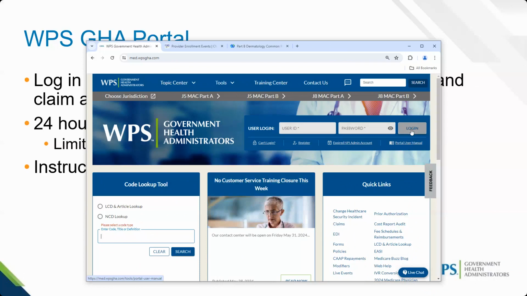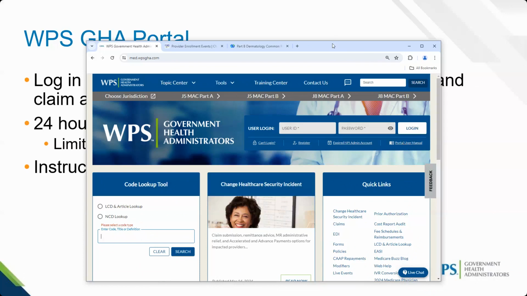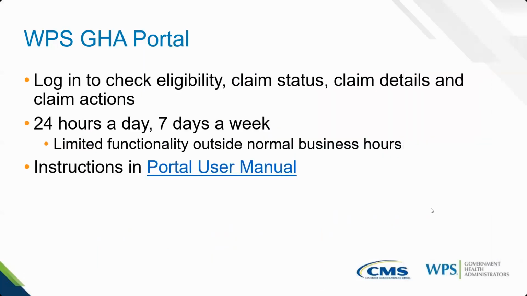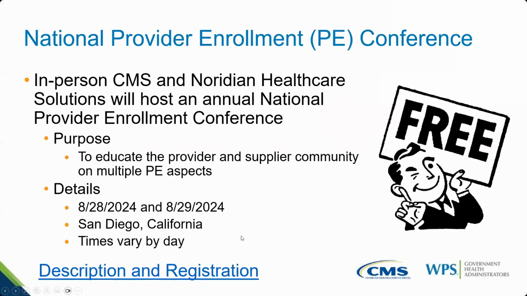Right here under this box that says login is a link to the portal user manual. This is where you will find illustrations and step-by-step instructions for using all of the functionalities of the transactional portal, such as that clerical error reopening process that I talked about.